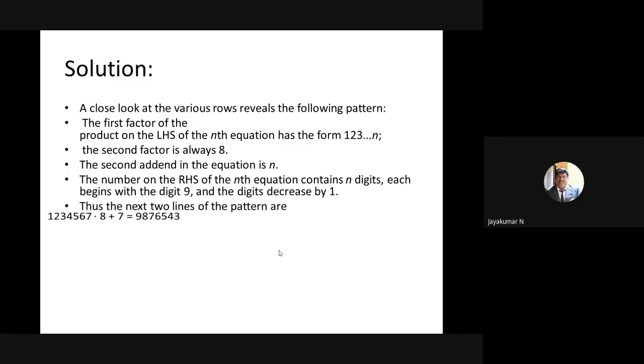Thus the next two lines of the pattern are 1234567 into 8 plus 7, that is 9876543. Similarly, another equation: 12345678 into 8 plus 8 is equal to 98765432.